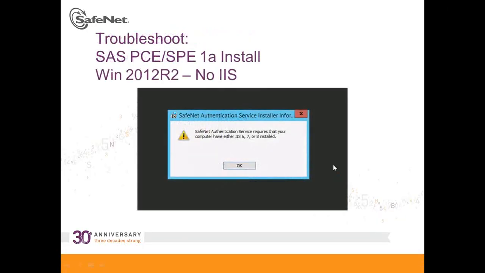So let's take a look at some of the errors that you can see during that installation. So if you try to install the SAS package and you don't have any IIS installed, it is a prerequisite. If you don't have it installed, you will receive a pop-up that gives you an error stating that you need to have some form of IIS.